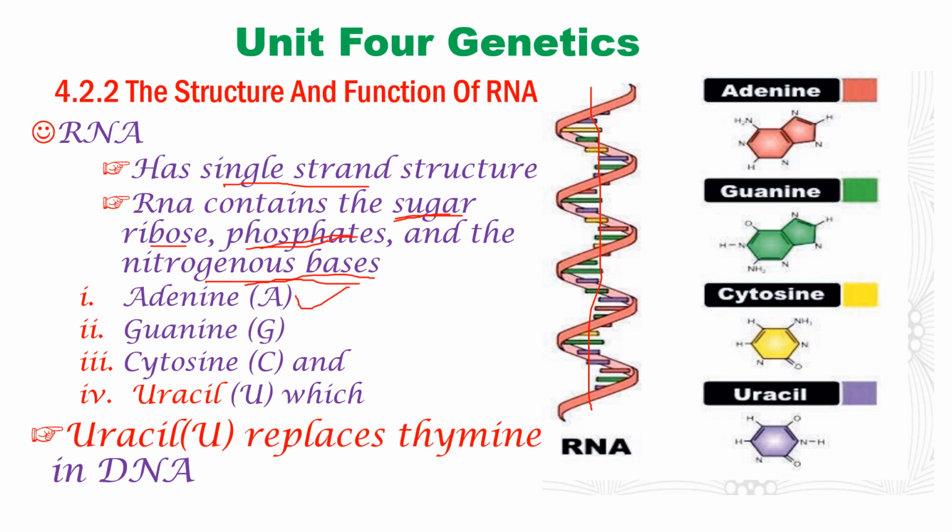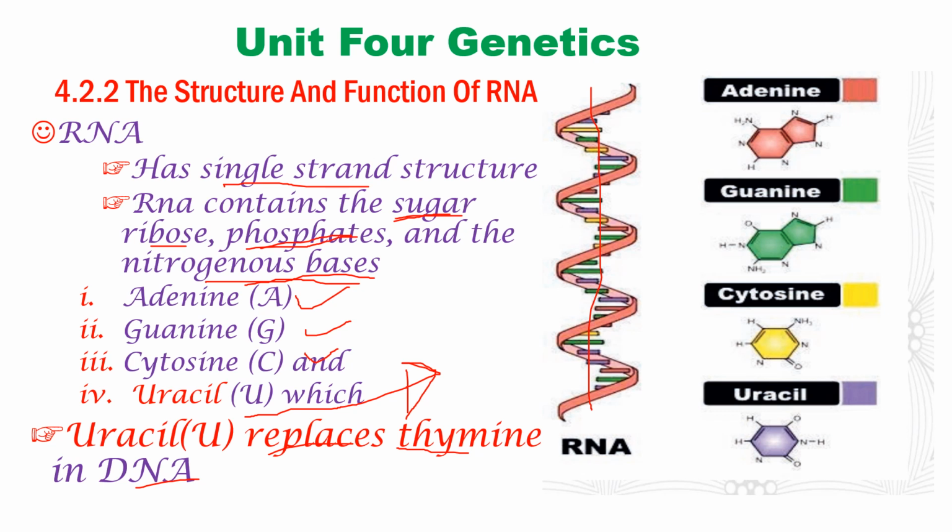The nitrogenous bases include four types: adenine, guanine, cytosine, and also uracil, which is found in place of thymine in DNA. So uracil replaces thymine in DNA.